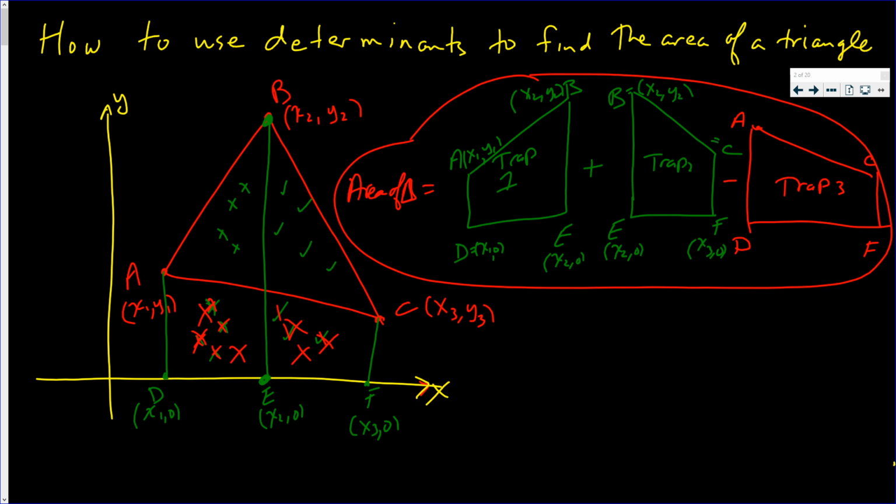And point C is x3, y3. And point D is x1, 0. Point F is x3, 0. Point A is still x1, y1. And point C is x3, y3. Now, there's going to be a lot of alphabet soup here, but this is the way this problem works.